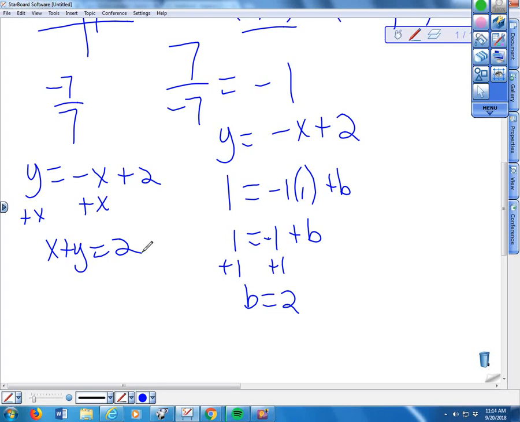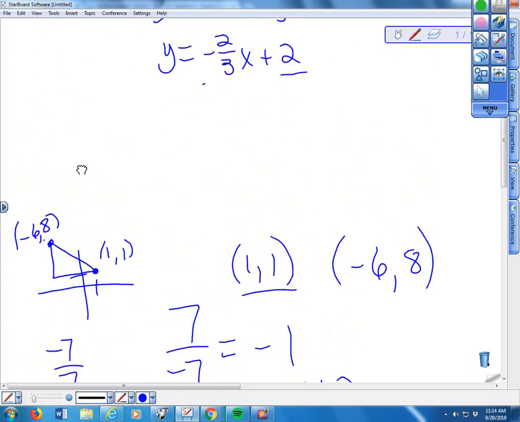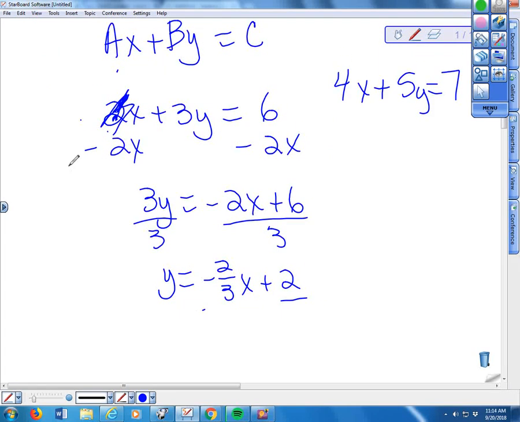Okay, how do I find the x? We know how to find the y-intercept in standard form. How do I find the x-intercept? Okay, but what's special about y when the line crosses the x-axis?